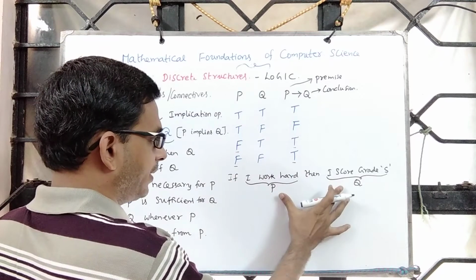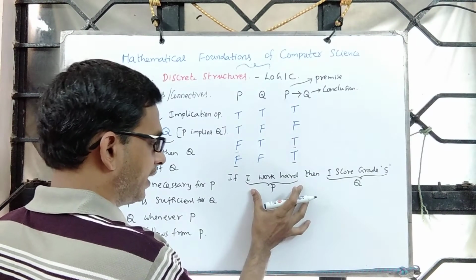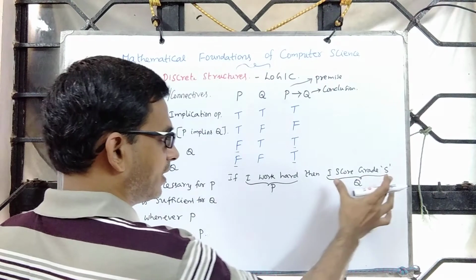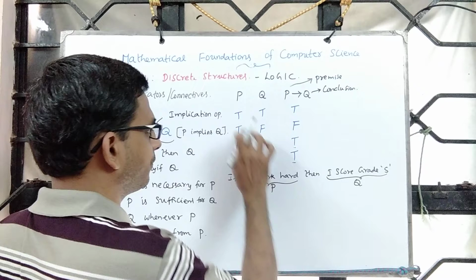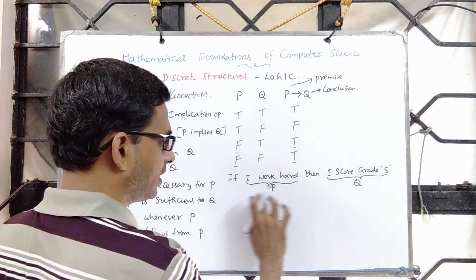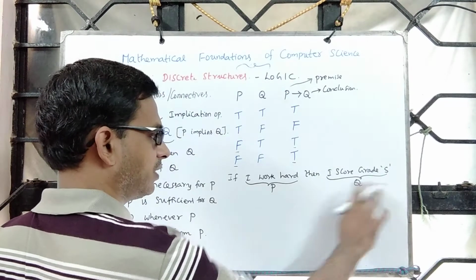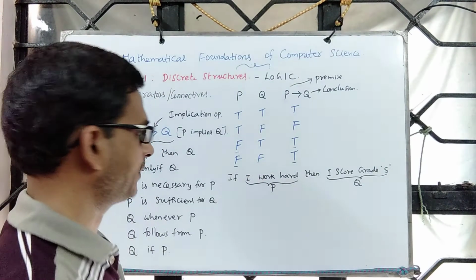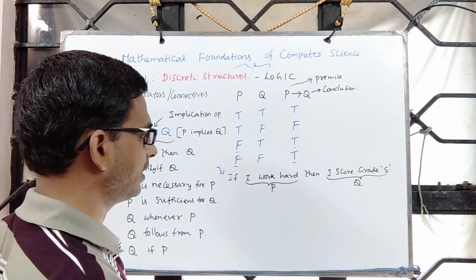So we make a statement like this: if I work hard, then I score grade S. Both are true. When both are true, the statement says if I work hard, then I score grade S, which means the statement is respected. So this is the claim of the statement.